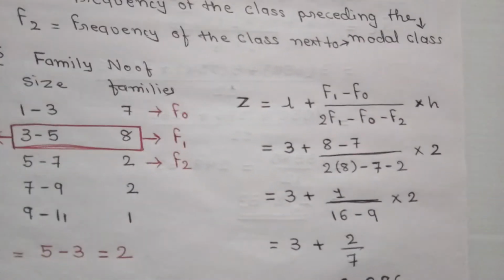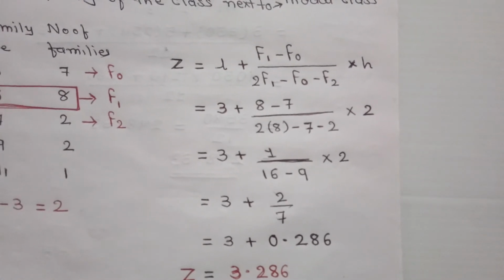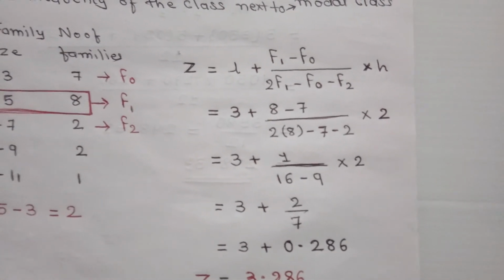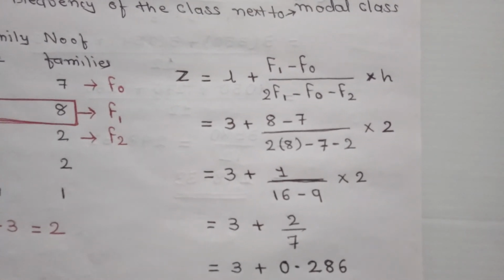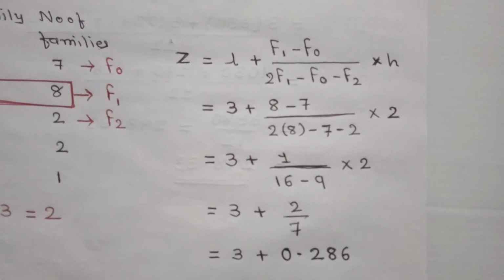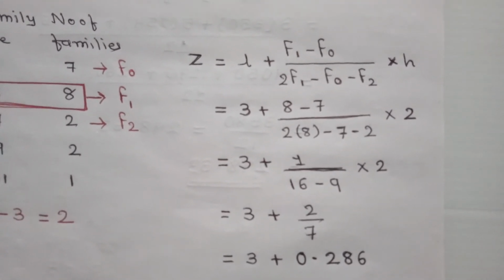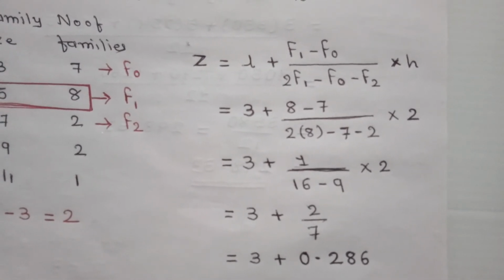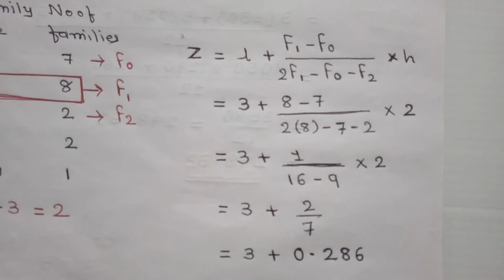Now let us keep these values in the formula. So Z is equal to L plus (F1 minus F0) upon (2F1 minus F0 minus F2) into H. Let us substitute all the values. So 3 plus (8 minus 7) upon (2 into 8 minus 7 minus 2), so minus 9.